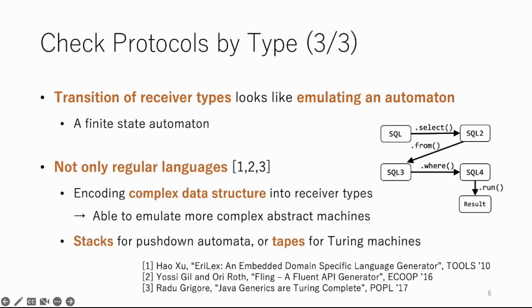And so a safe Fluent interface by this design can check a protocol only when the set of valid method chains, which is a sort of language, is a regular language.